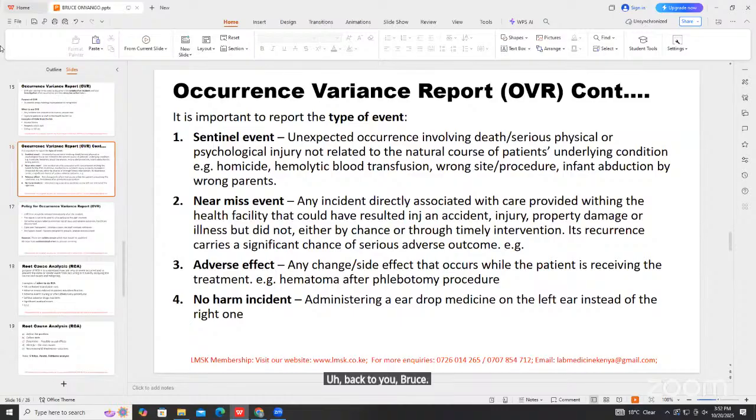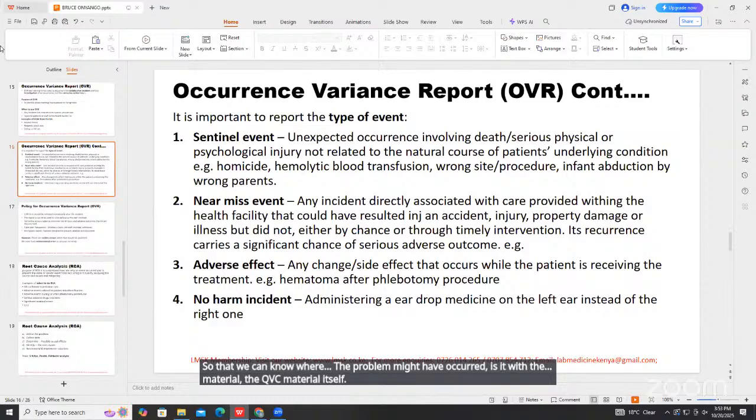I don't know what Nyachiro means by run within run, but whenever there's a failure in our QCs, we need to do a CAPA, that is a corrective action, preventive action, so that we can know where the problem might have occurred. Is it with the material, the QC material itself? Is it with the equipment?